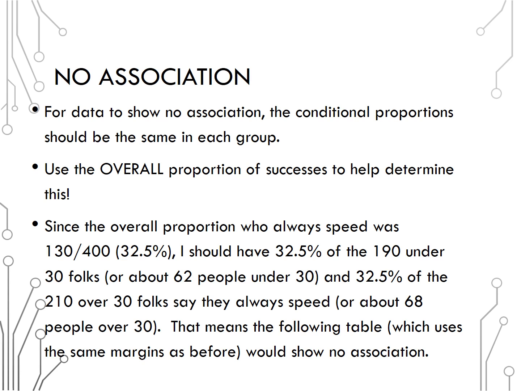So we should see that 32.5% conditional proportion in both the under 30 and the over 30 group, or 32.5% of the 190 under 30 people should always speed, and 32.5% of the 210 over 30 people should always speed. In other words, we would get the following table, which requires the same margins as before, but would show no association between our variables.